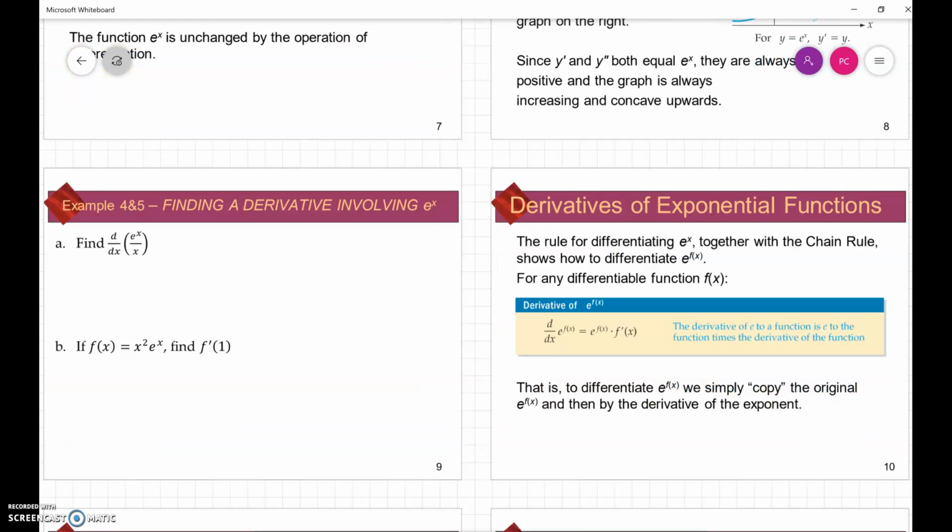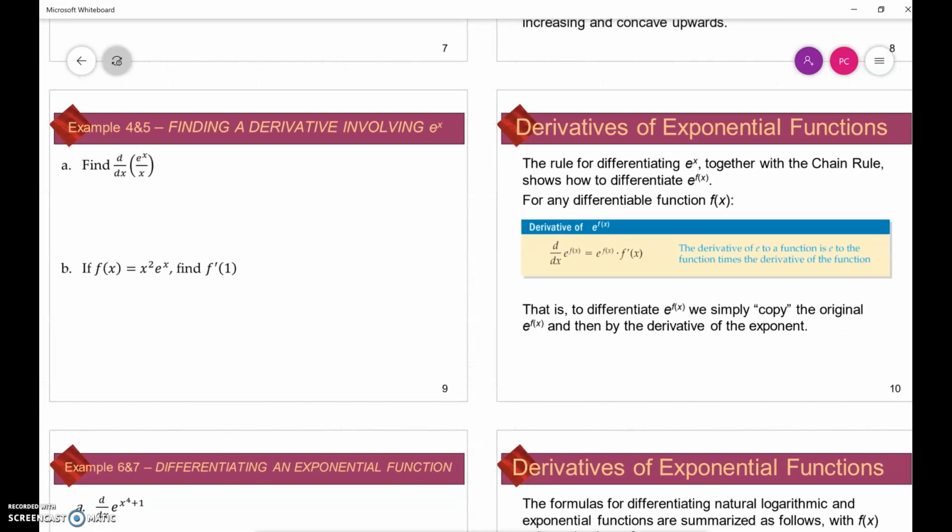All right, so let's look at an example here. I have the derivative of e to the x over x. Okay, so I have a quotient here, so I've got to use the quotient rule. Remember that quotient rule, the derivative of f over g is f prime g minus f g prime all over g squared.